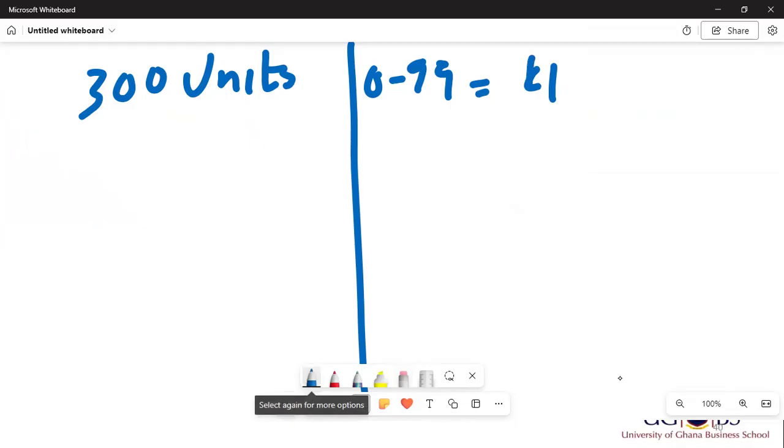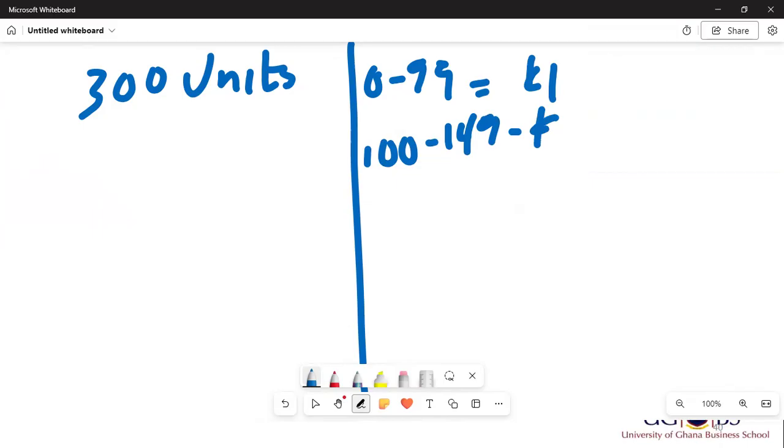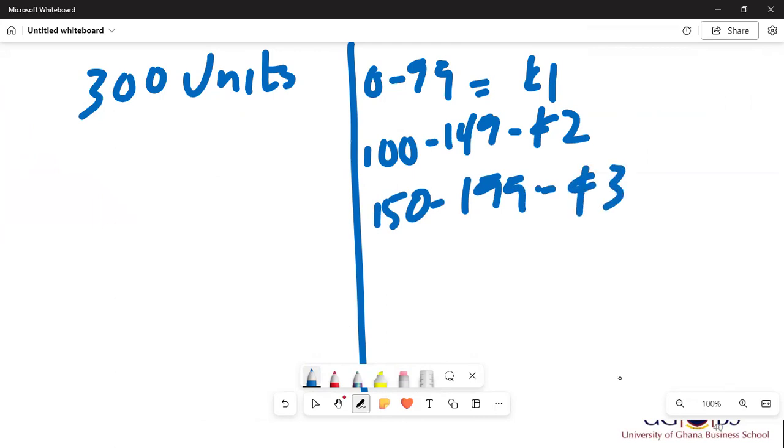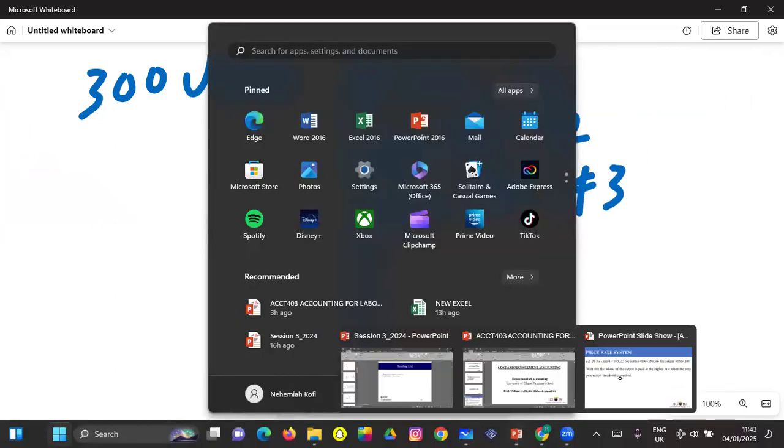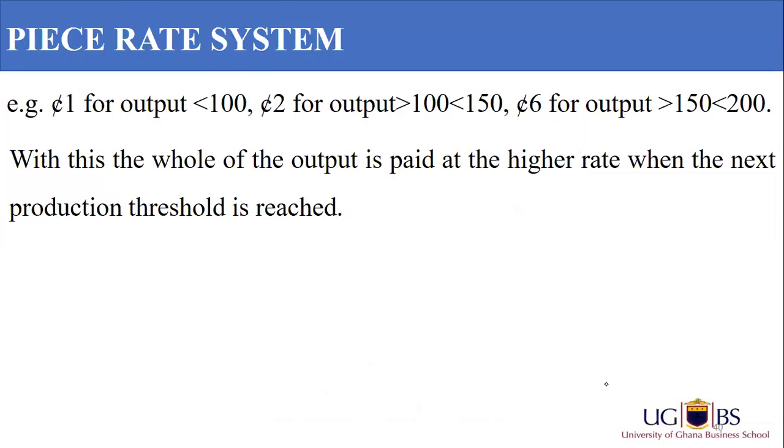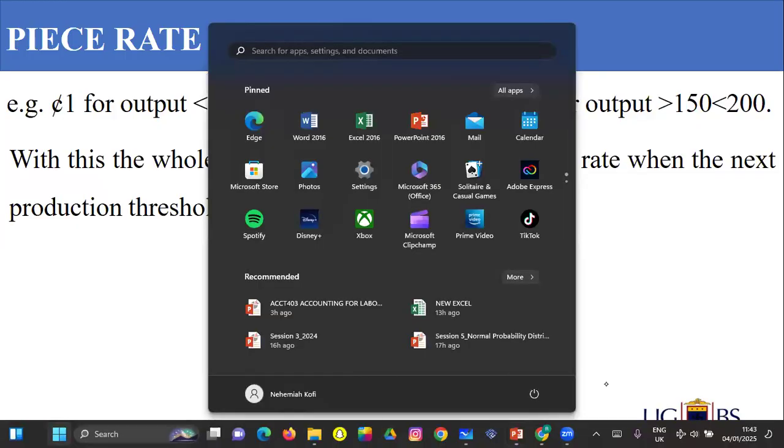Then from 100 to 149, you'll be paid 2 Ghana cedi. Then from 150 to 199, you'll be paid 6 cedi.